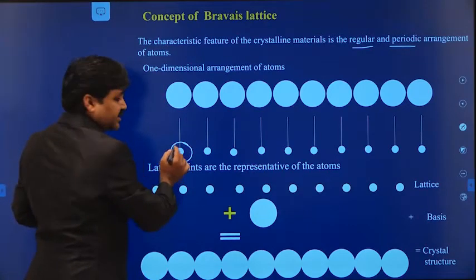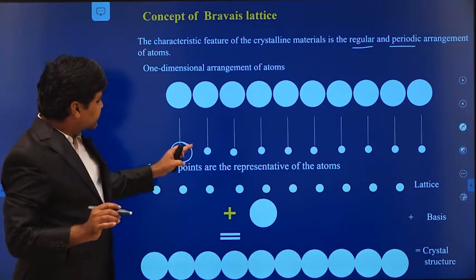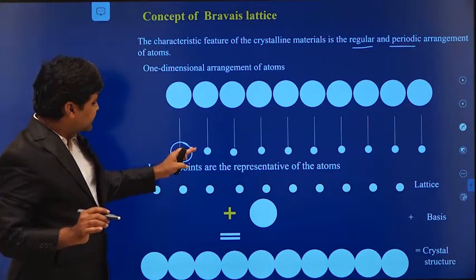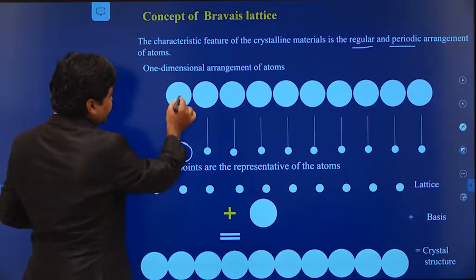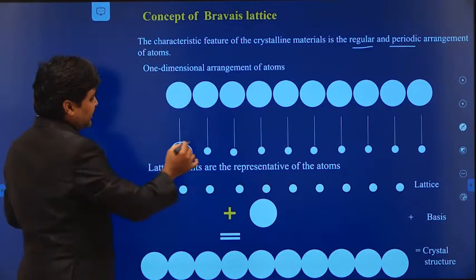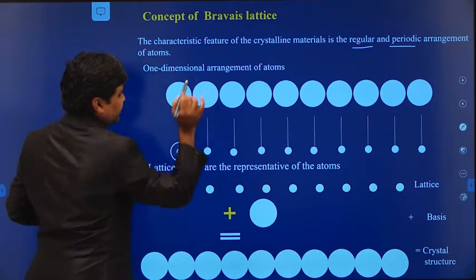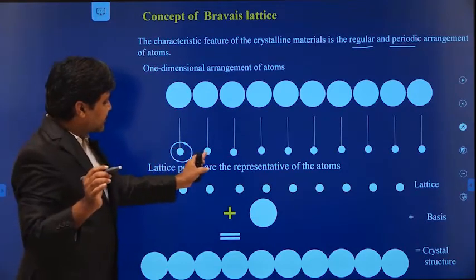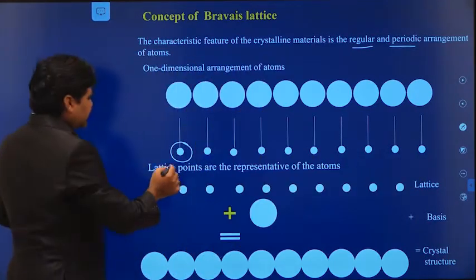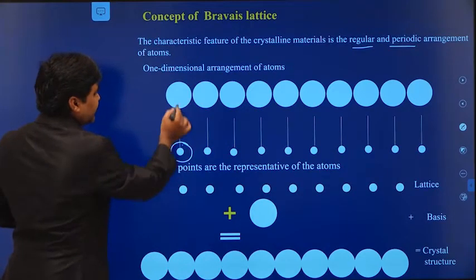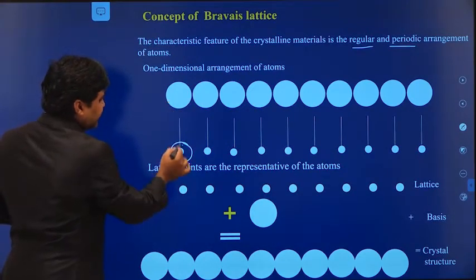This is an imaginary concept. He assumed that this point represents this atom, and in a similar way this point represents this atom. These are called lattice points. This lattice point represents where the actual atom is located.